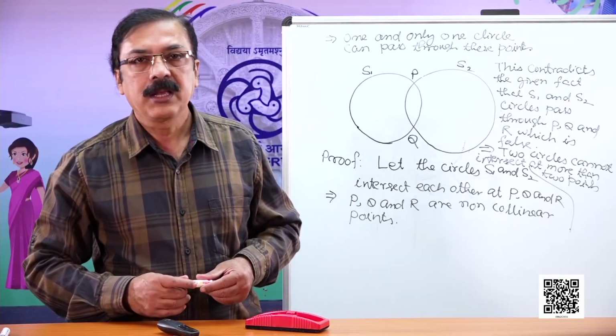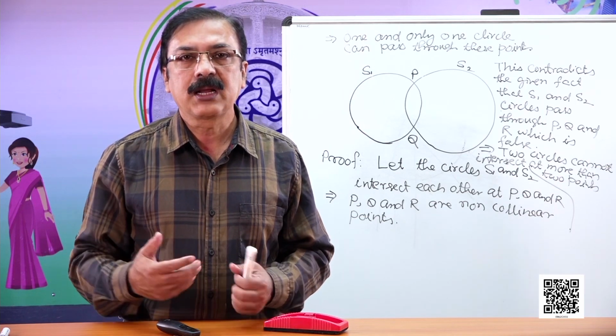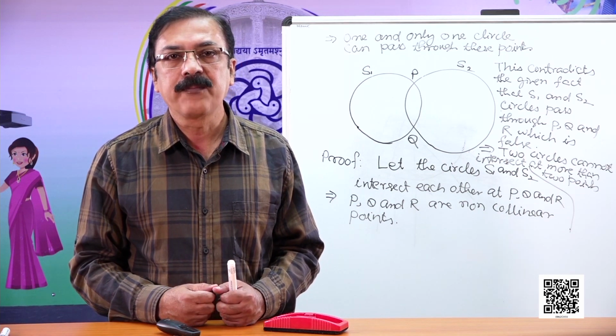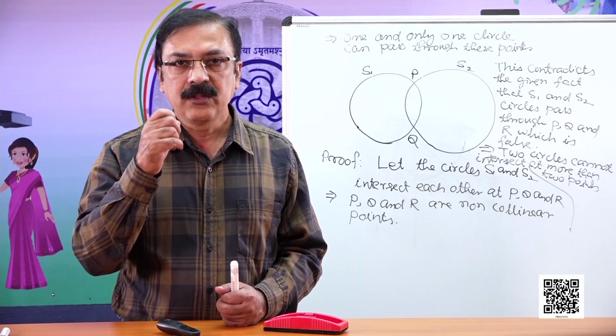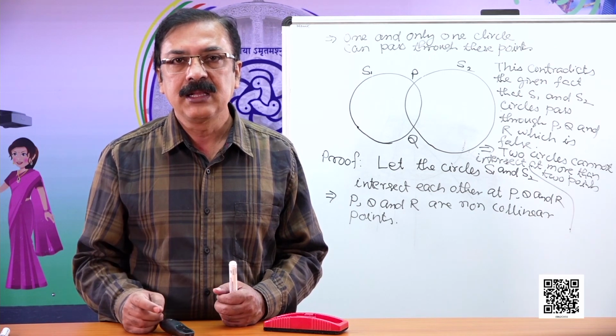So the theorem itself says that two circles cannot have more than 2 intersecting points, as through 3 non-collinear points only one circle can be drawn.